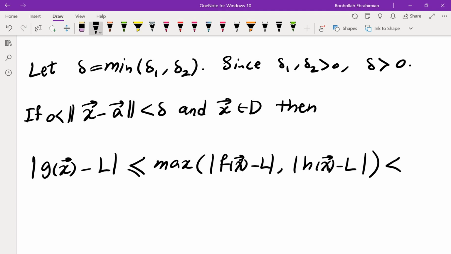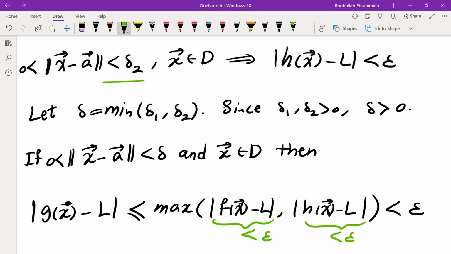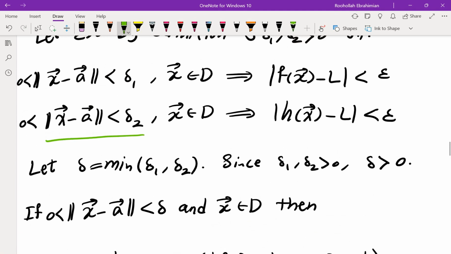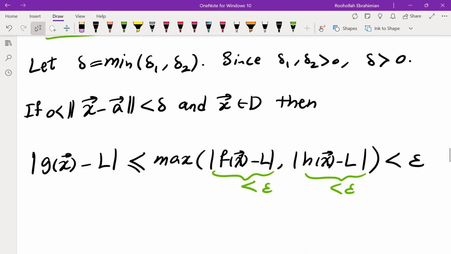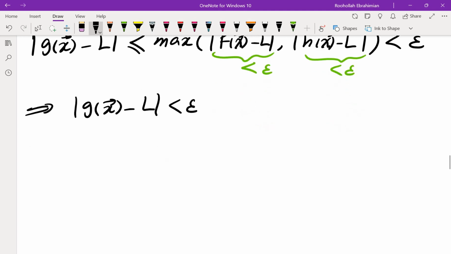This would be less than epsilon because both of these quantities are less than epsilon. We know that x satisfies both this inequality and that inequality, which means absolute value of f of x minus L and absolute value of h of x minus L are both less than epsilon. Okay, so this means absolute value of g of x minus L is less than epsilon.